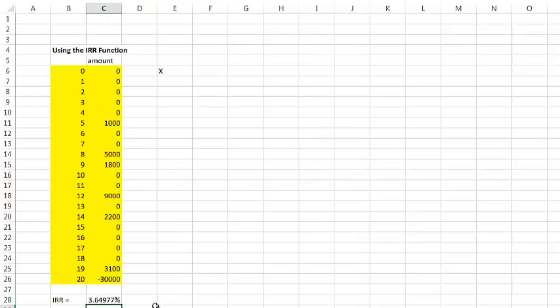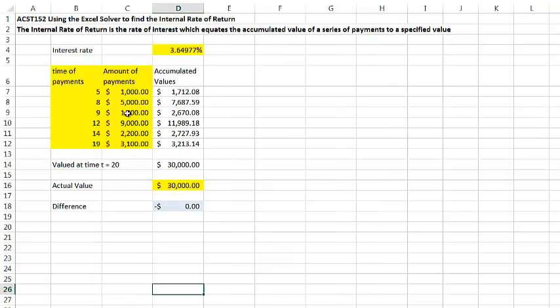So if you like using IRR, the only drawback is that it assumes that the payments are equally spaced. So it's not very useful if you have payments that are occurring at odd times of the year.